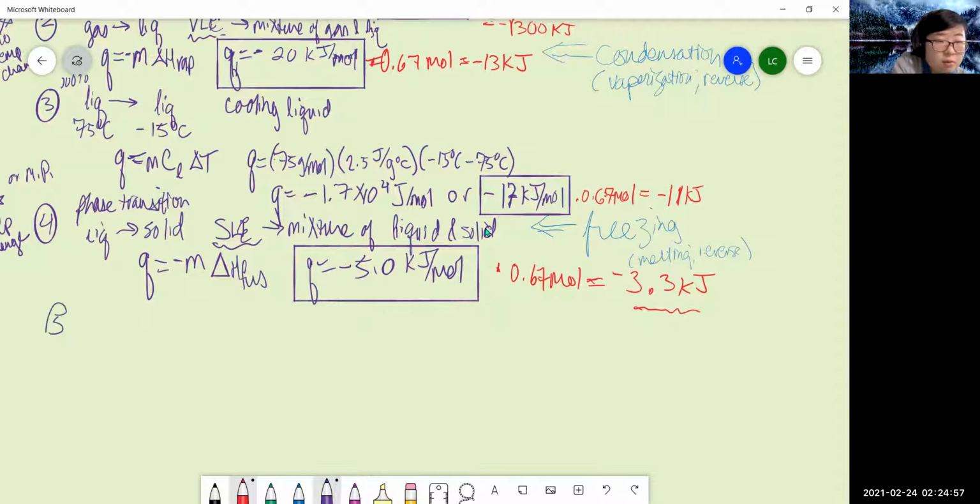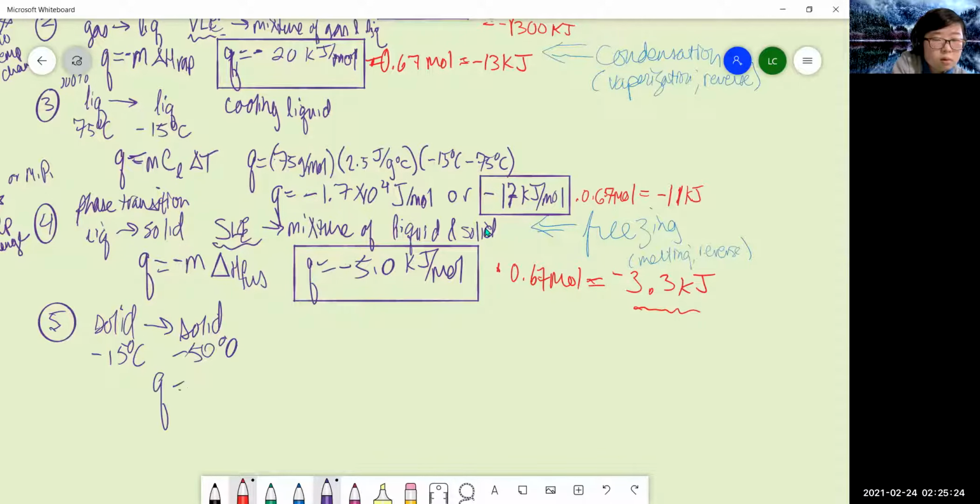And then the last one you need to do is, yeah, so this last one you have is finally the cooling of the solid to a colder solid. So from negative 15 degrees Celsius, which is the melting point, to negative 50.